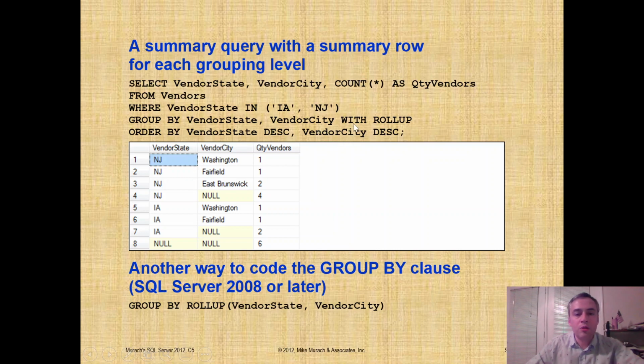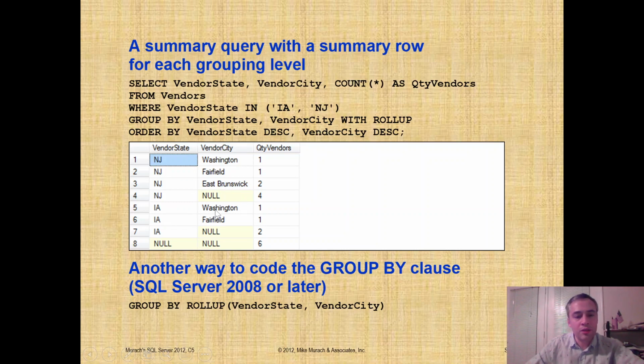So with rollup means the following. Look at first we have New Jersey, Washington, New Jersey, Fairfield, so state and city combinations. And then we have New Jersey and no city value. We are summing up all the values in the city. So this is the roll-up over vendor city.